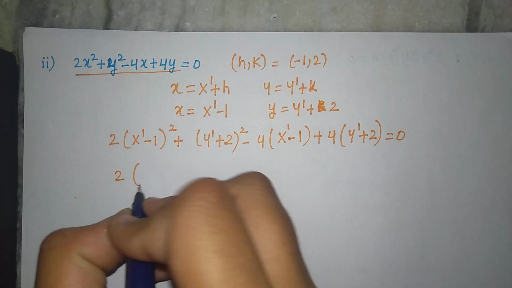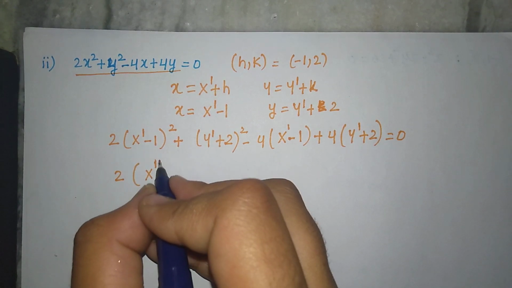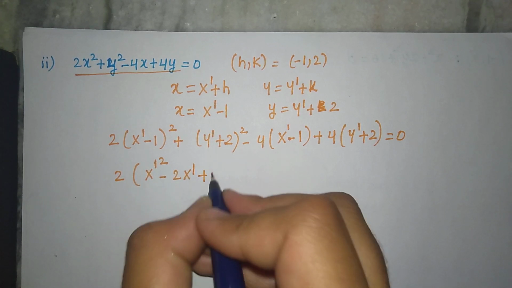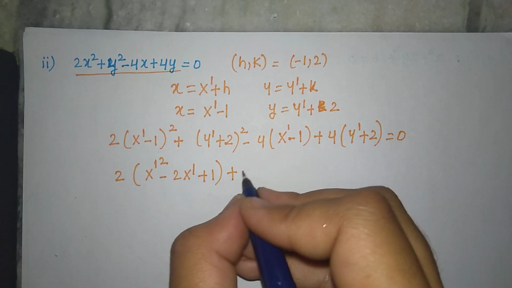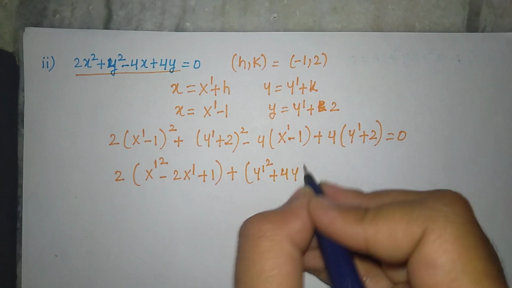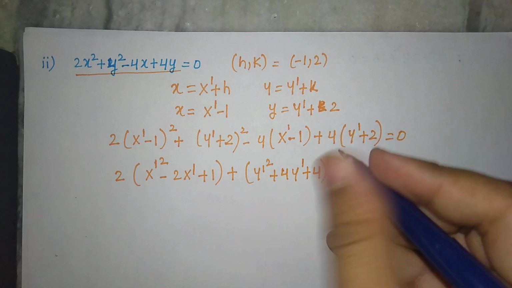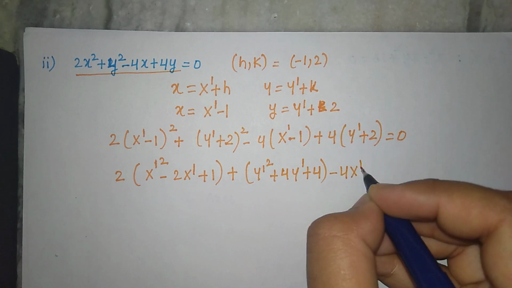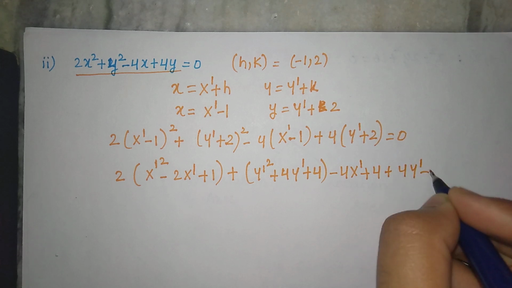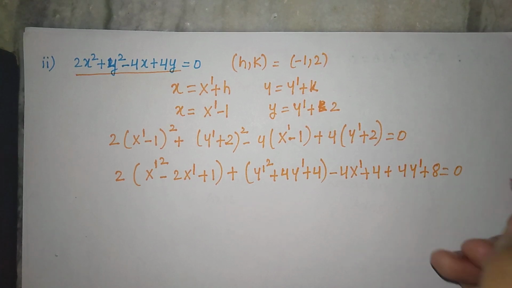So 2 into x dash square minus 2x dash plus 1, y dash square plus 4y dash plus 4 minus 4x dash plus 4 plus 4y dash plus 8 is equal to 0.